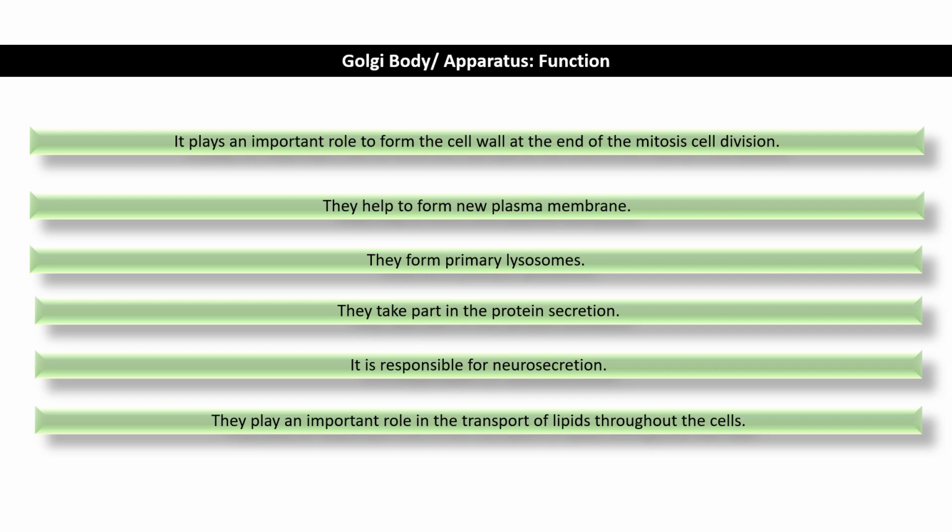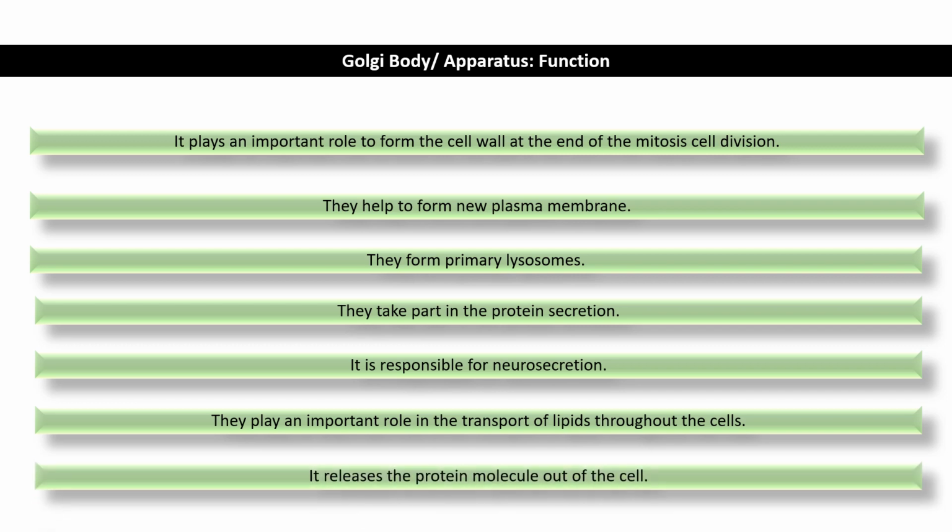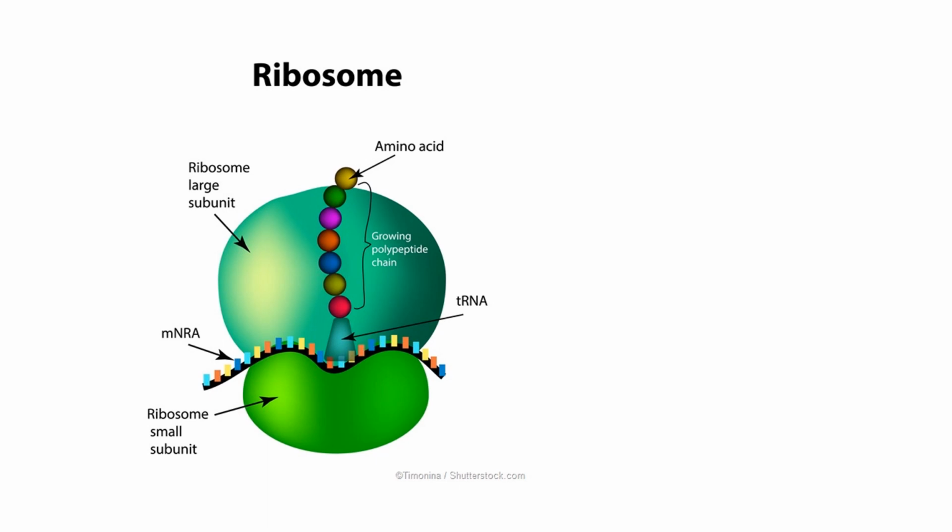So again, a transportation function which they perform, but only for lipids throughout the cell. It also releases protein molecules out of the cell, so they can secrete and also release them out of the cell.